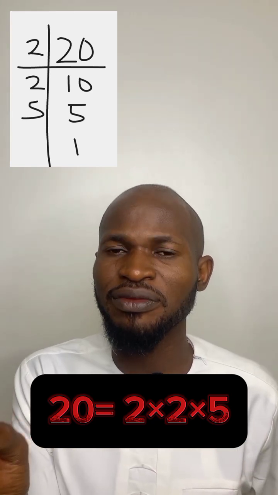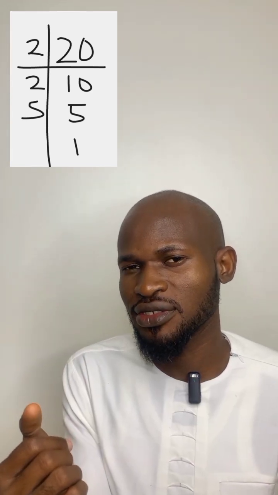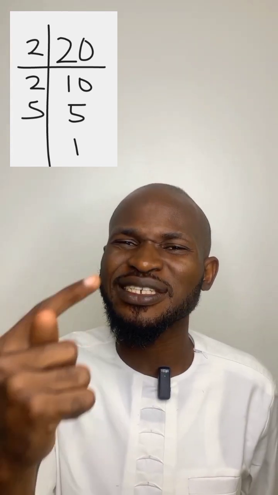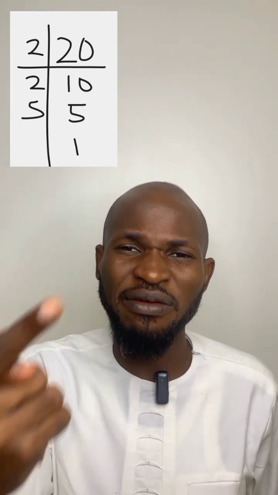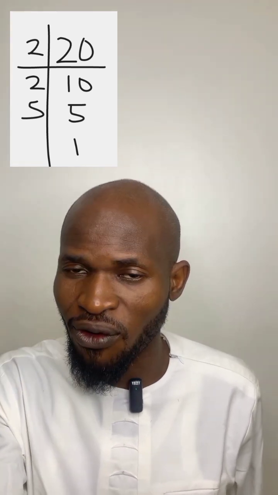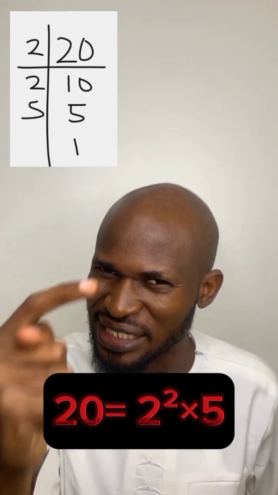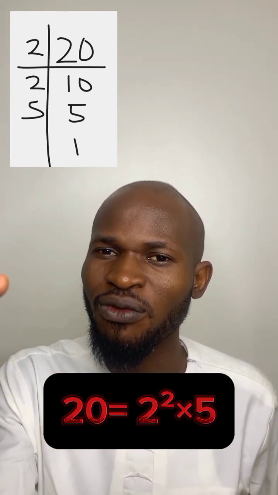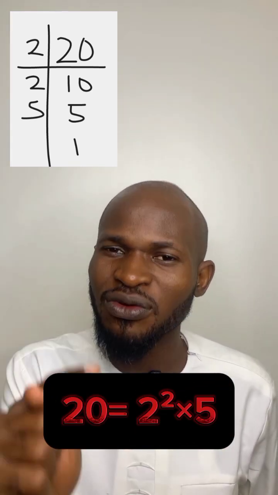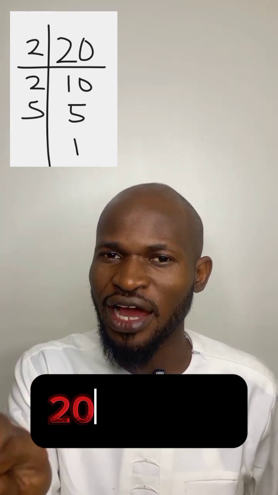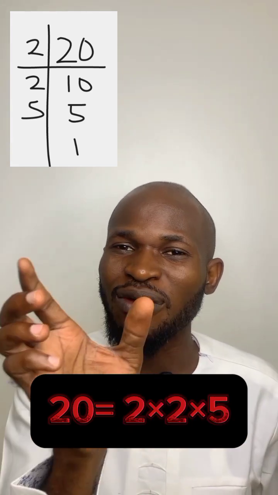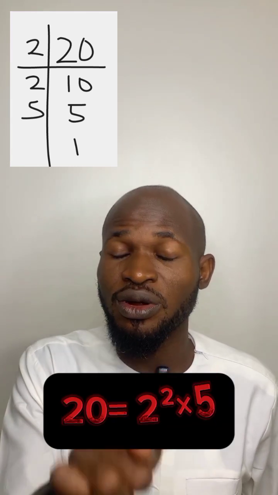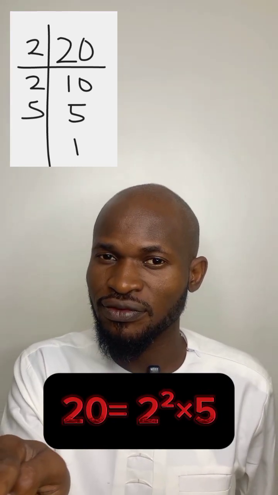That's your answer. But sometimes they may ask you to express a particular number as a product of prime factors in index form. When they make that statement in index form, then this answer, which is 2 times 2 times 5, as an expression of 20, can now change to what? 2 raised to the power of 2 times 5.